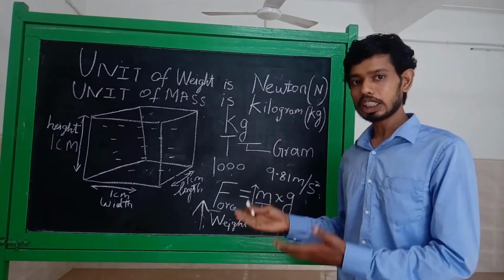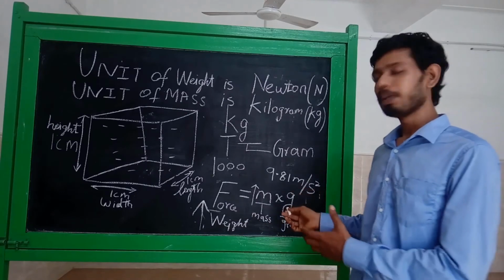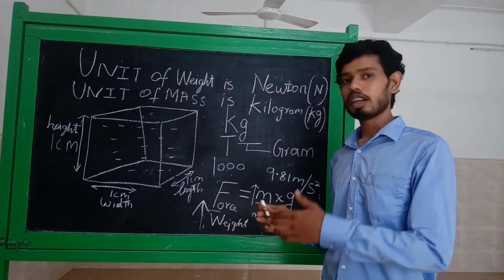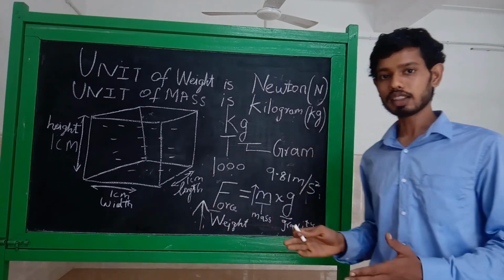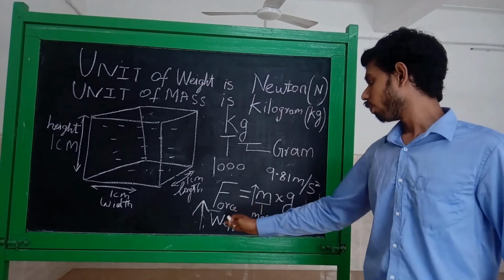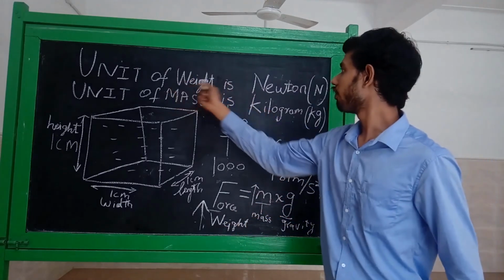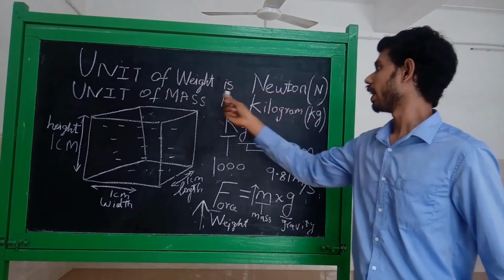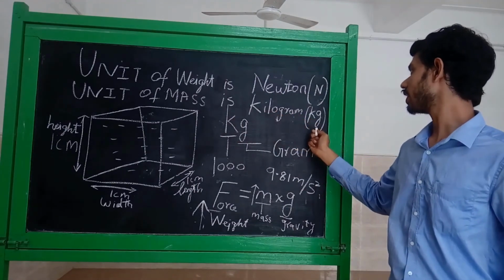For each planet, the gravitational force will be different, and hence at different points in space the weight will have a different value. And hence, we can use weight only on Earth. So, the unit of weight is newtons, which means force, and the unit of mass is kilogram, that is kg.